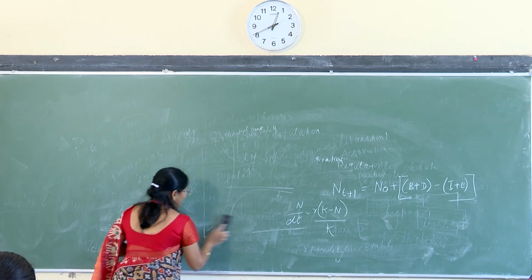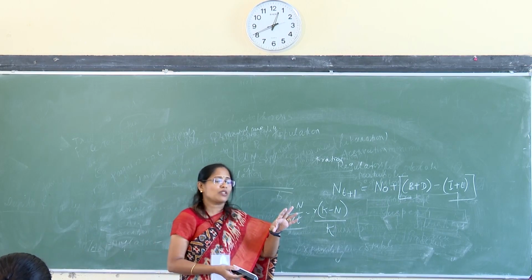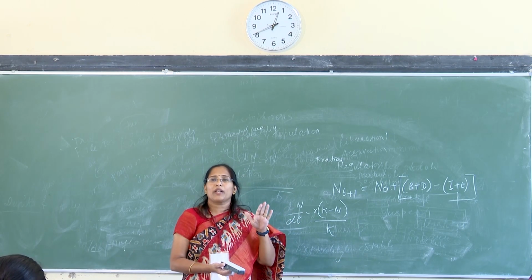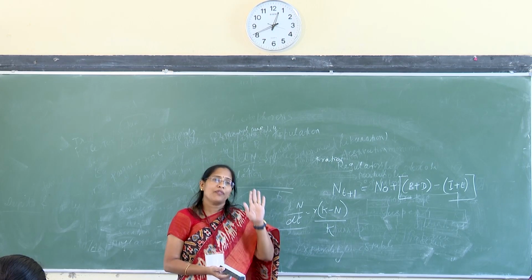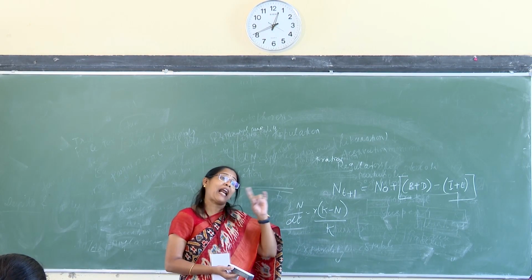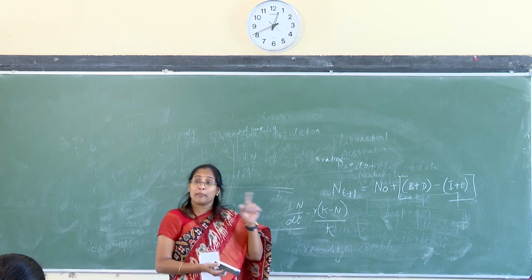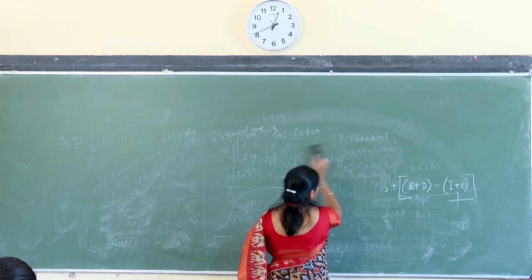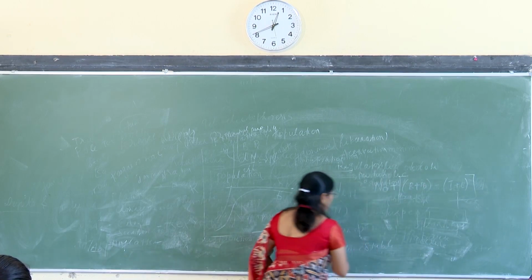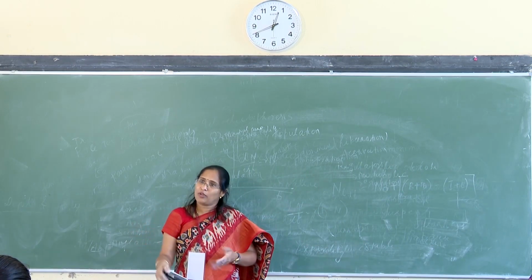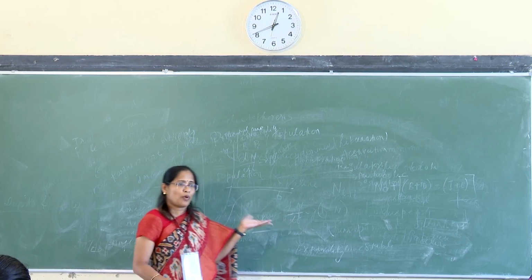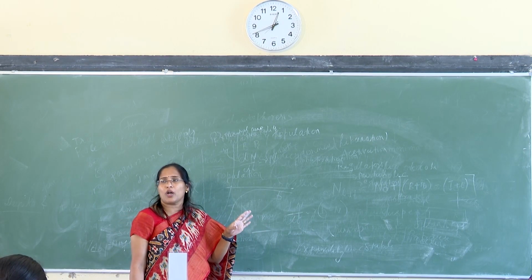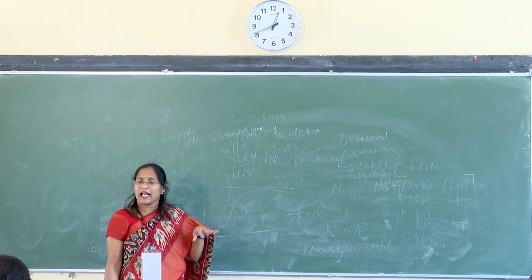Whatever the question, all the interactions you are finding over here are interspecific interactions only. It is not intra, it is inter, between species. Intra is within, myself interacting with myself. All interactions we are studying here are interspecific.